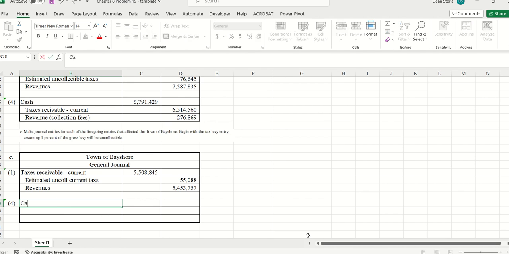We're going to get cash. We're going to have an expenditure for the collection fees. And then we're going to reduce our receivable.